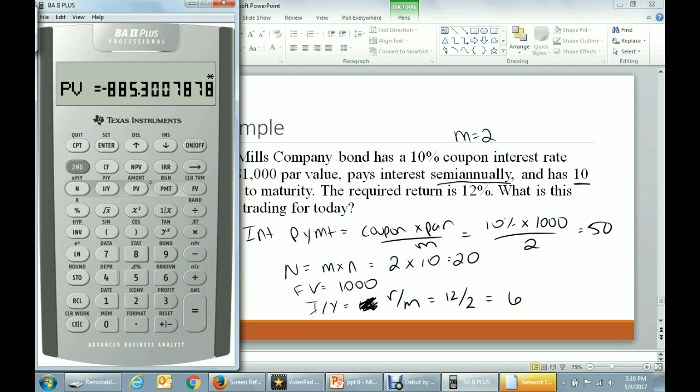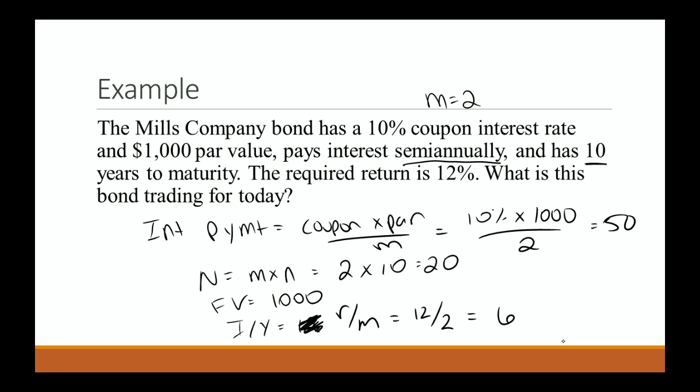And we get $885.30 as the purchase price. So this bond is trading at a discount. We knew that just from starting the problem because the coupon rate was less than the required return.